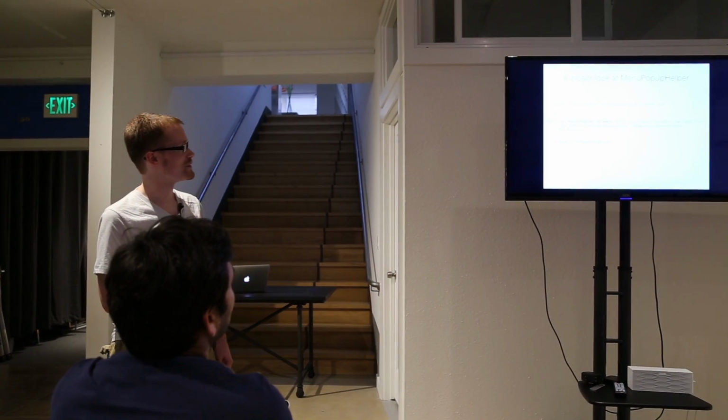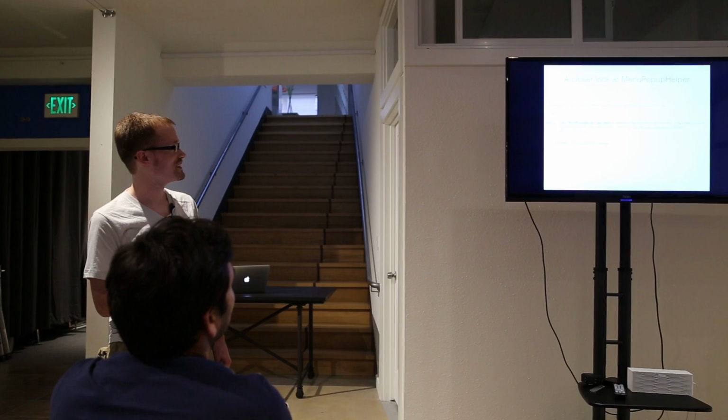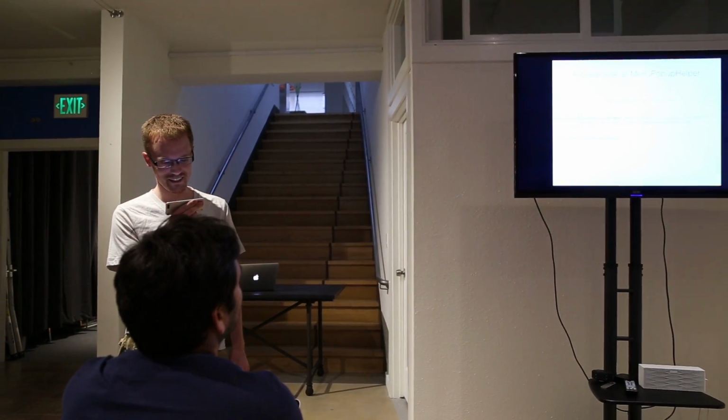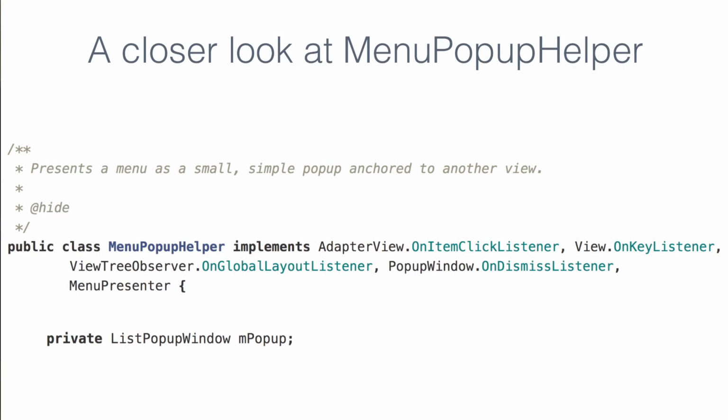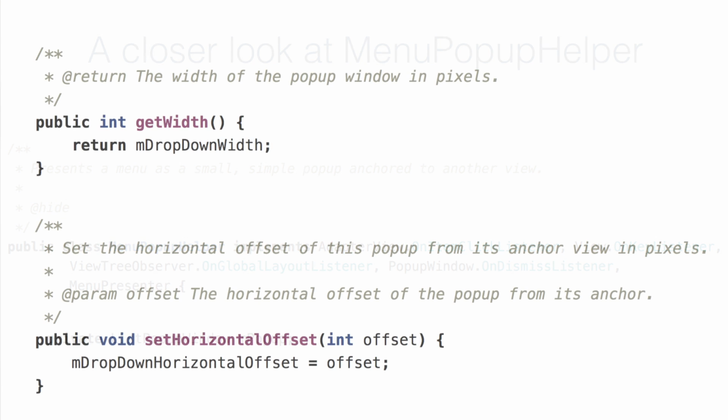Let's go back up to the menu pop-up helper. Oh, I see it has this other member that's called mPopup, which looks suspiciously important, which is a list pop-up window. Now, from what I know about Android, windows are the things that get overlaid over other things. So let's look at what a list pop-up window is. Turns out it has these convenient methods called getWidth and setHorizontalOffset.